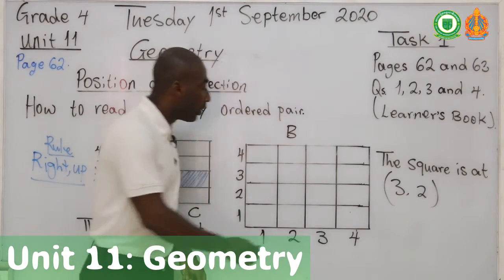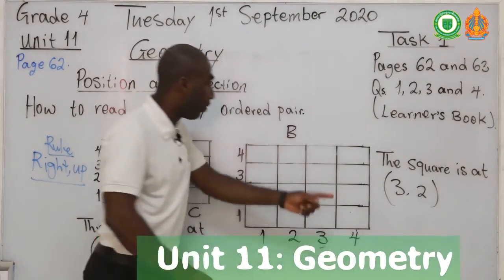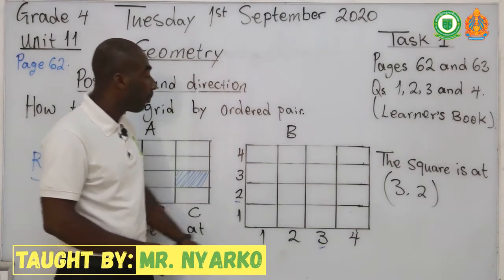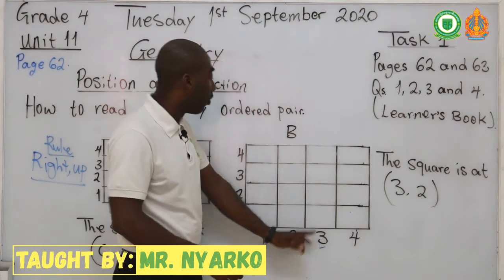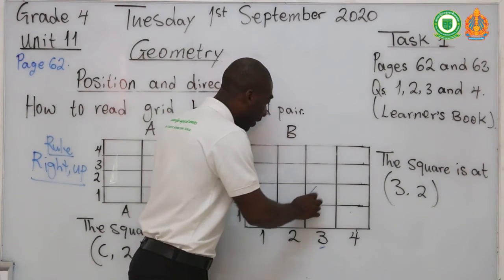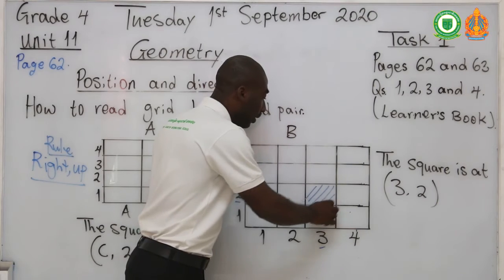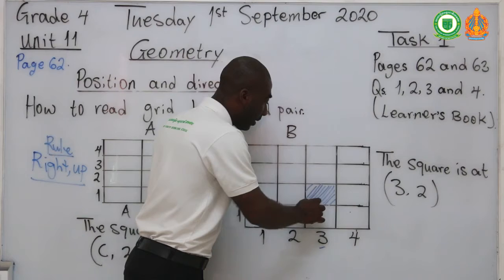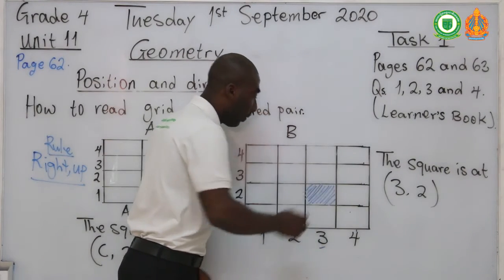So we have to start with this 3 and then we locate our 2 at this position, okay? Which means your 3 will go up and meet 2 over here. So we're going to make our square at this position, okay?